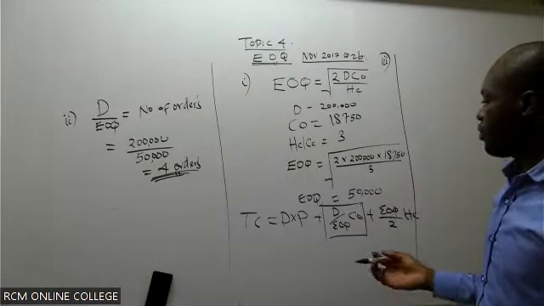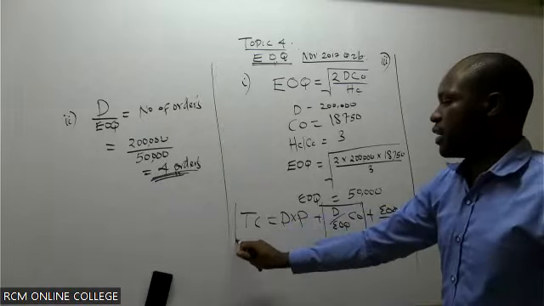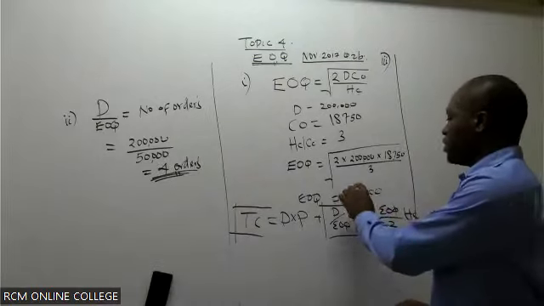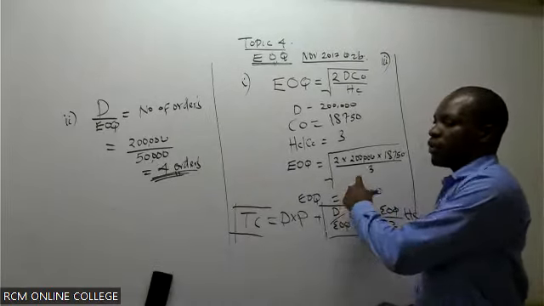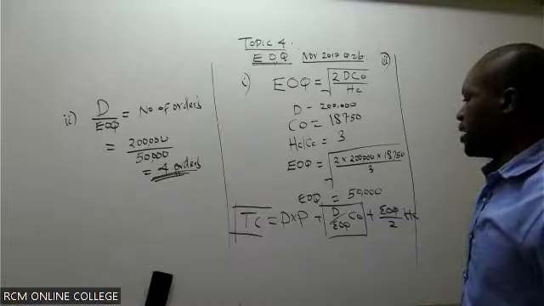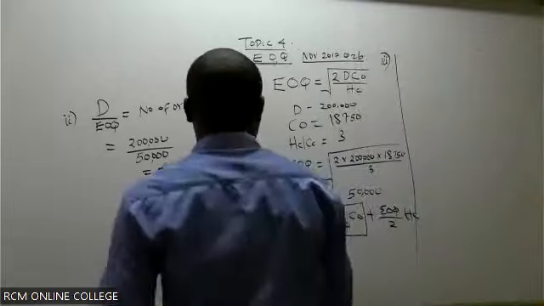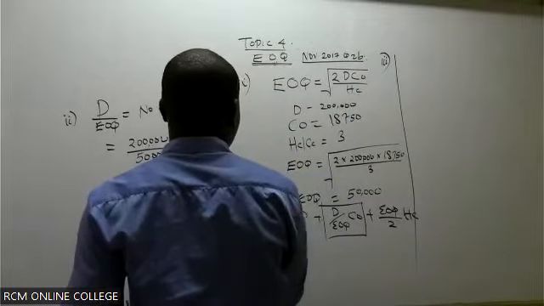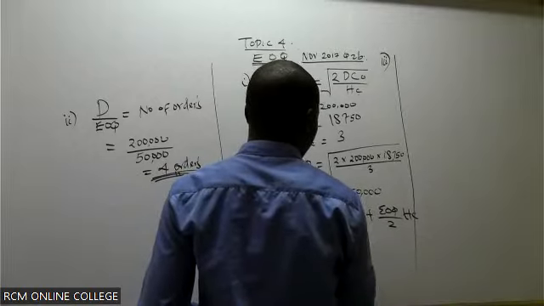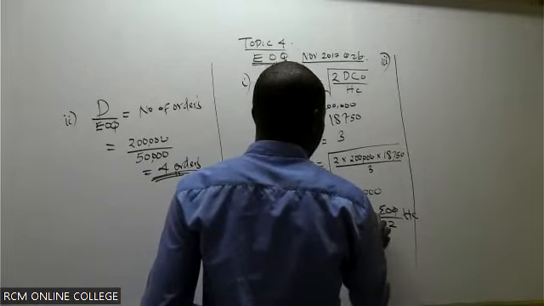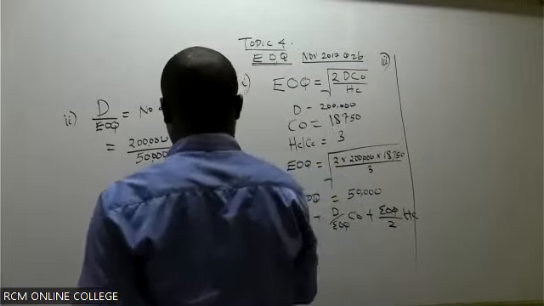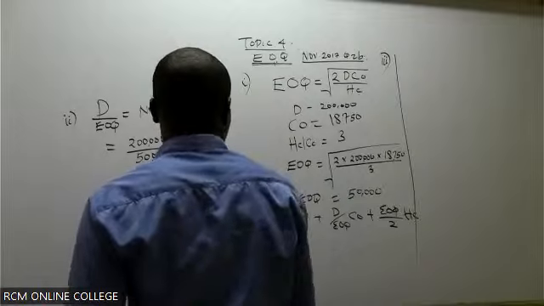Basically, they're asking us the total cost of each option: the 50,000 units, that is the economic order quantity, and also changing to the 100,000 units. If that is done, will we be able to identify the effect? That is what they want us to do here. So we basically come to this part here, and tell us what you're going to have when you use this.